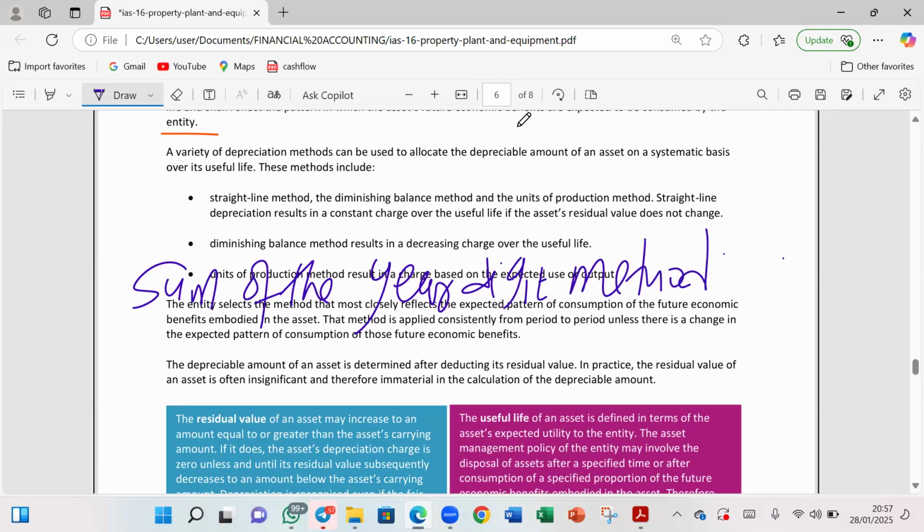So the last one, the units of production method, is also called the sum of the year digit method. I will tell you how to calculate them tomorrow.